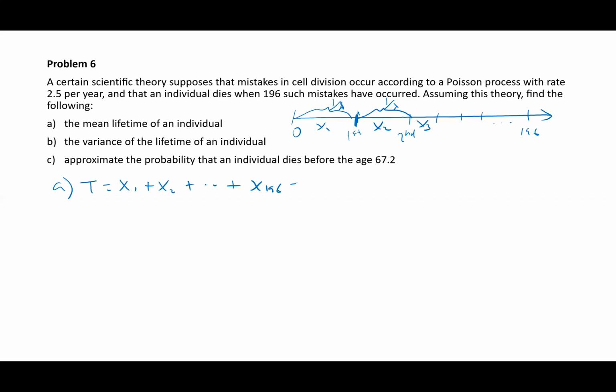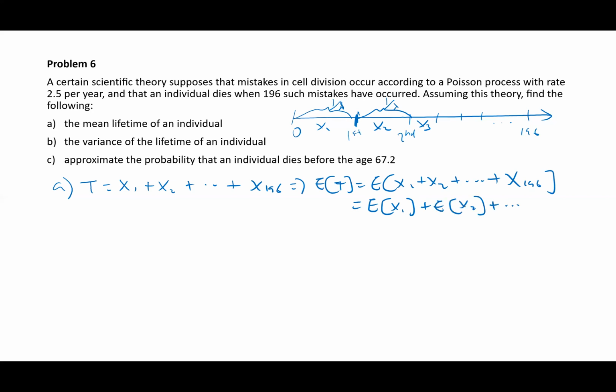So the expected value of T is the expected value of X1 plus X2 all the way to X196. I can break that down further: expected value of X1 plus expected value of X2 plus all the way to the expected value of X196.